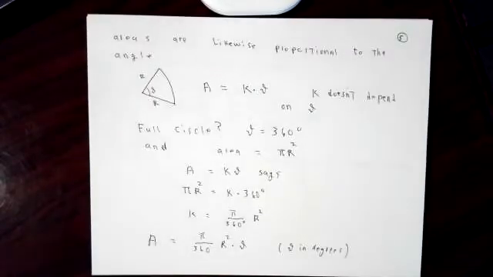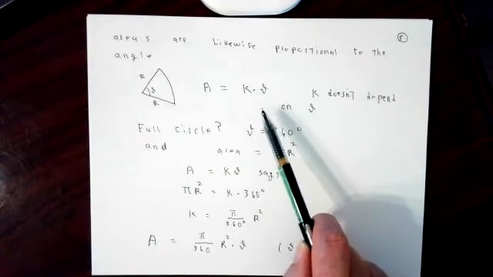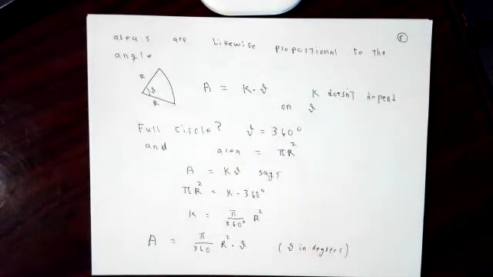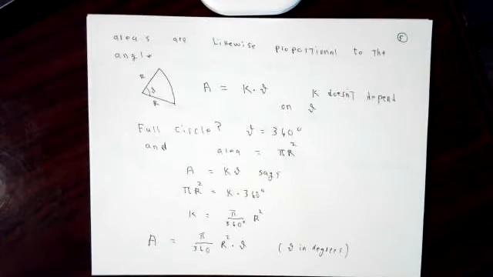We'll figure out the area of the sector in exactly the same way. The area is proportional to the angle for the same reason that the arc length was. So it should be true that the area is some constant times the angle, and we're measuring our angles in degrees at the moment. If you had a full circle, theta would be 360 degrees. Also, the area of a circle is pi times the square of the radius.